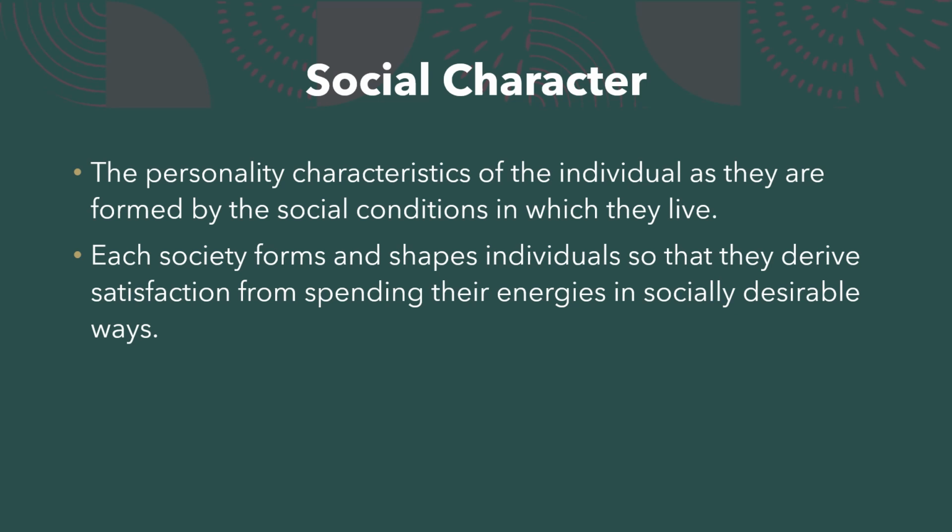An example here is industrial society of, say, the 19th century. This society required a person whose energy would be spent working with the virtues of discipline, orderliness, and punctuality. That necessity had to be transformed into an inner drive of individuals.